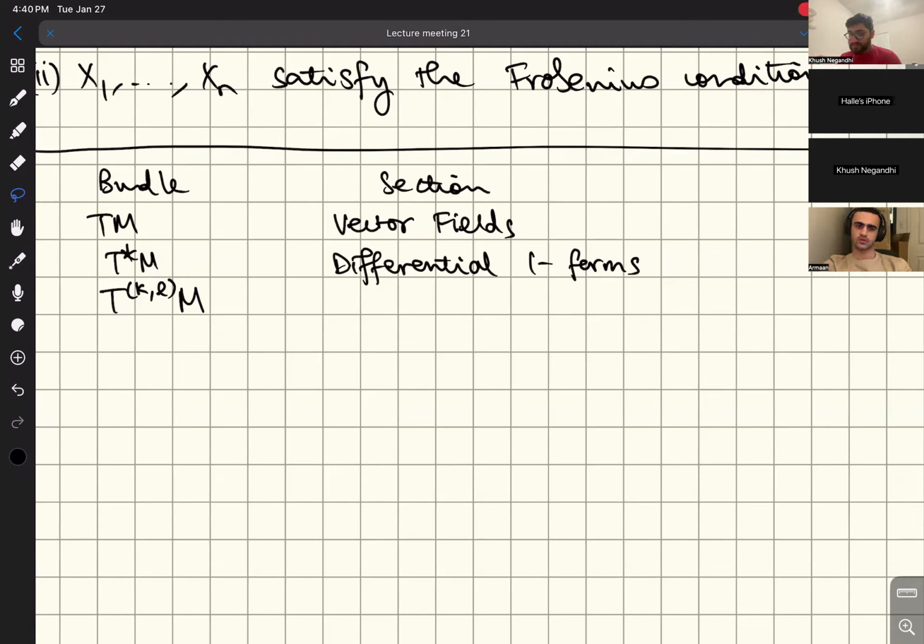So with differential forms, locally, a differential form is nothing but a function on the tangent space.